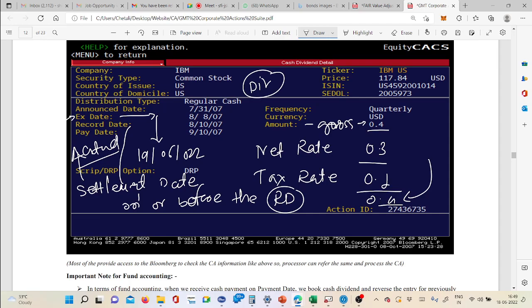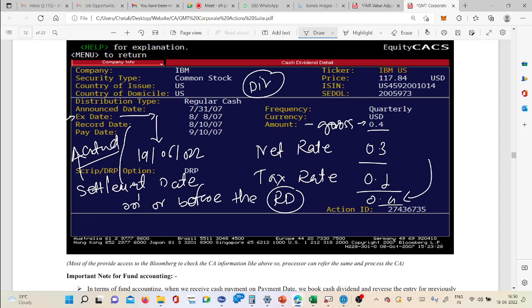While doing the accounting, it's your responsibility to check whether the fund is holding the security on the ex date or not. If it is not, then your positions will not be entitled to get the benefit of the corporate action. Make sure the positions are available on the ex date. Ideally the security should already be traded, so that you are holding the security on the ex date.